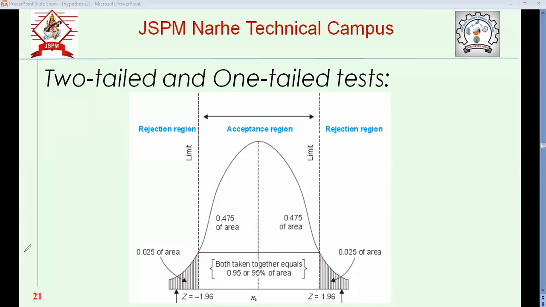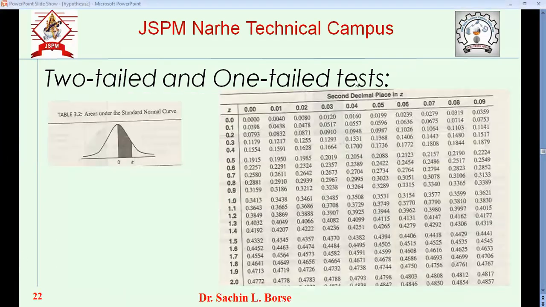Just clear this diagram and move to this table. Now we know that on either side the area is 0.475. We have to look at that. So it is coming 1.9, and what is the level of this? 0.06.